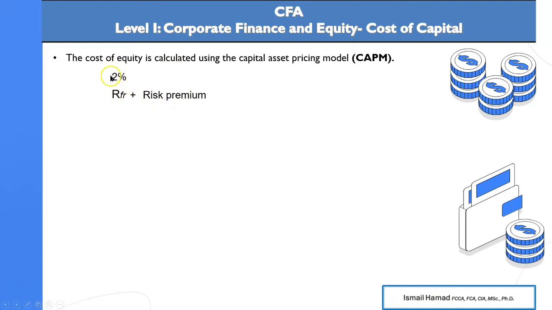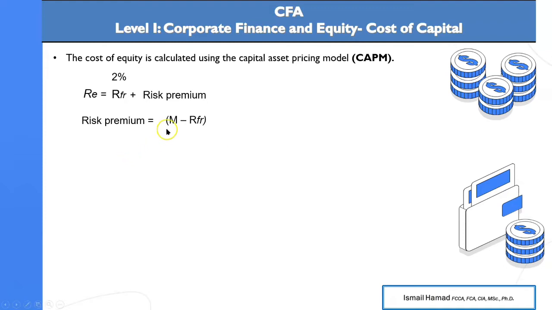So normally I get 2%, you pay me 8% in excess of 2, that is 10%. So we can safely say that the risk premium is the market return, which is 10%, minus 2%, that is 8%. So this will be the required rate of return to the equity holder. Let us put it in another way.